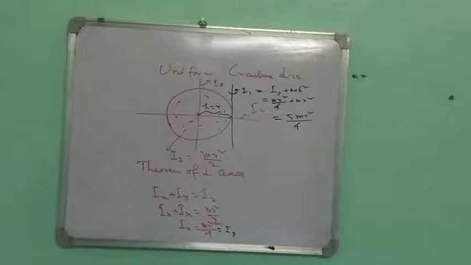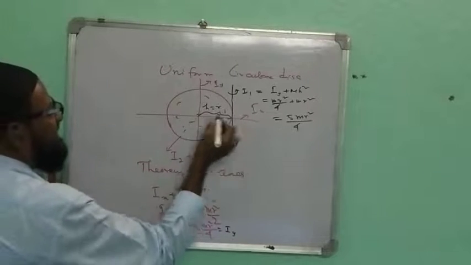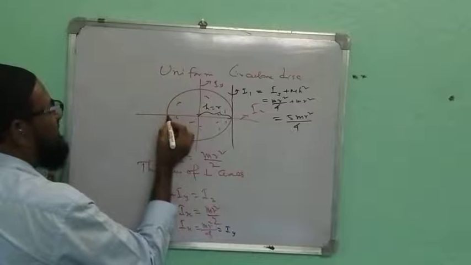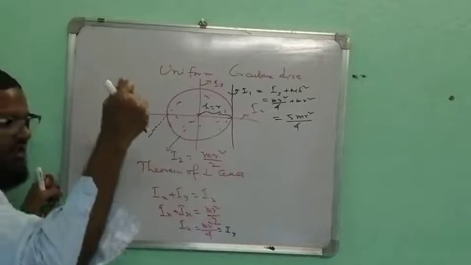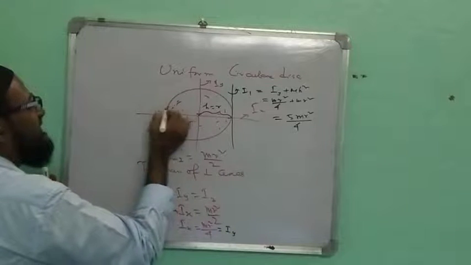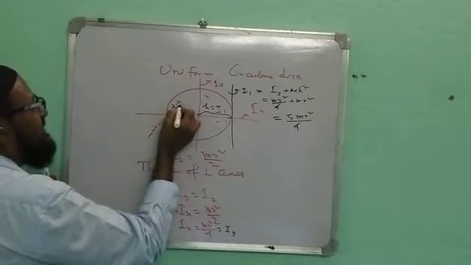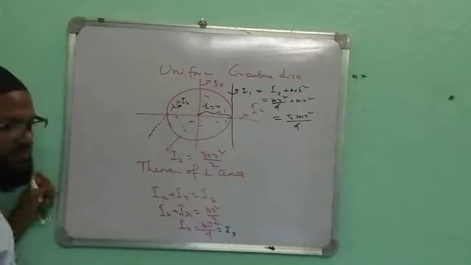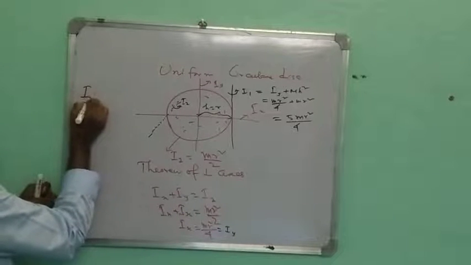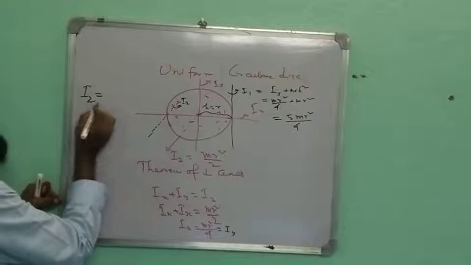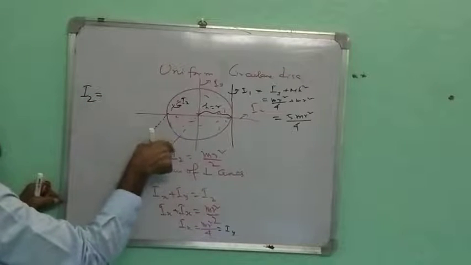Okay. Now, this is the tangent, and this is the perpendicular. With respect to this tangent, I am taking I2. Clear? What is the formula of I2?